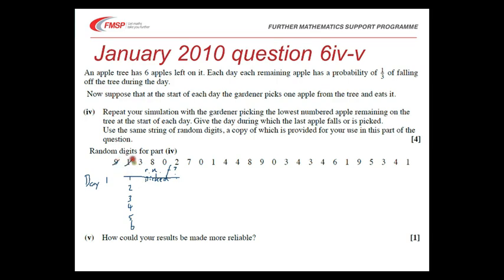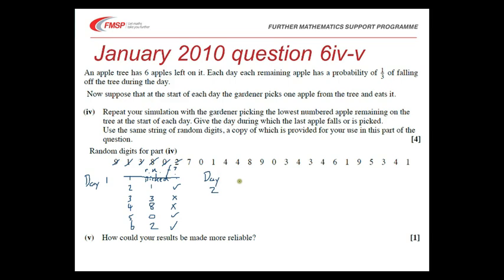We don't use 9, we use 1, we use 3, 8, 0, 2. Which of these fall? 1 is falling, 3 isn't, 8 isn't, 2 is falling, 0 is falling, 2 is falling. So now I can move on to day 2.